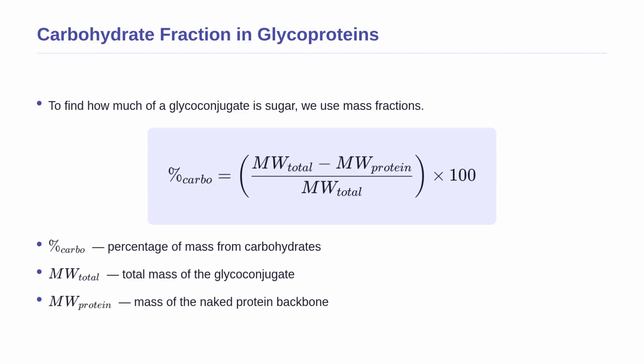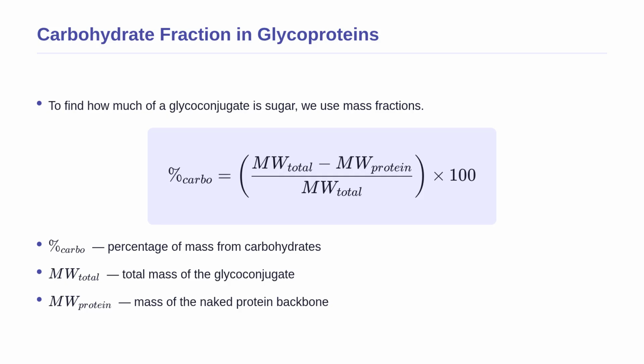Moving from pure polysaccharides to hybrid molecules, we often need to know exactly how much of a glycoconjugate is actually made of sugar. Conceptually, we just find the mass of the sugar portion and divide it by the total mass. The formula shown here does exactly that. The percentage of carbohydrate equals the total mass minus the protein mass, all divided by the total mass, multiplied by 100.